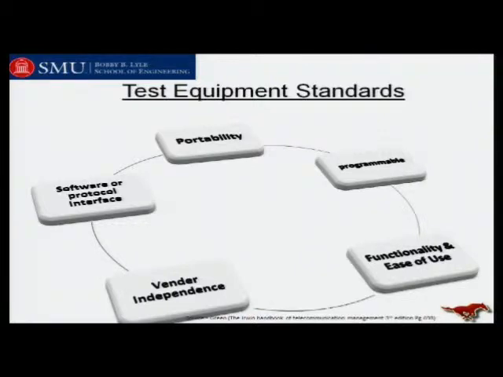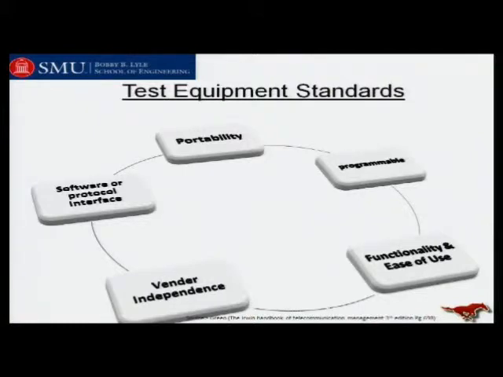The third one is software or protocol interface. Data test equipment is usually compatible only with specific protocols and must be chosen to support the ones your network uses. So it is very important, while you are selecting equipment, to take this point into consideration.